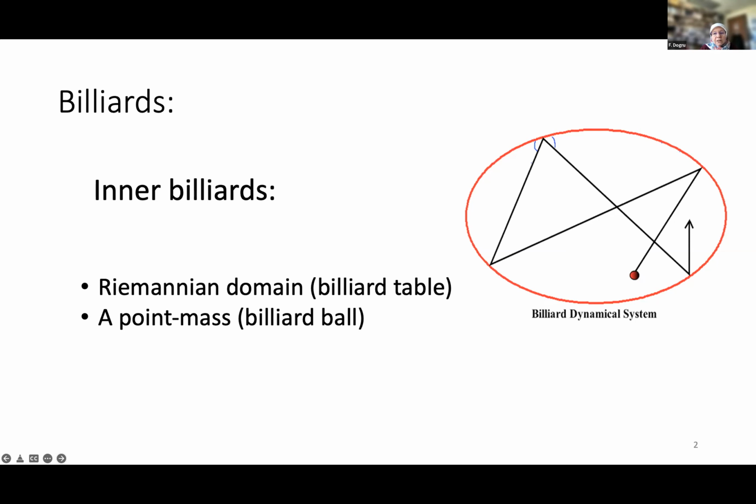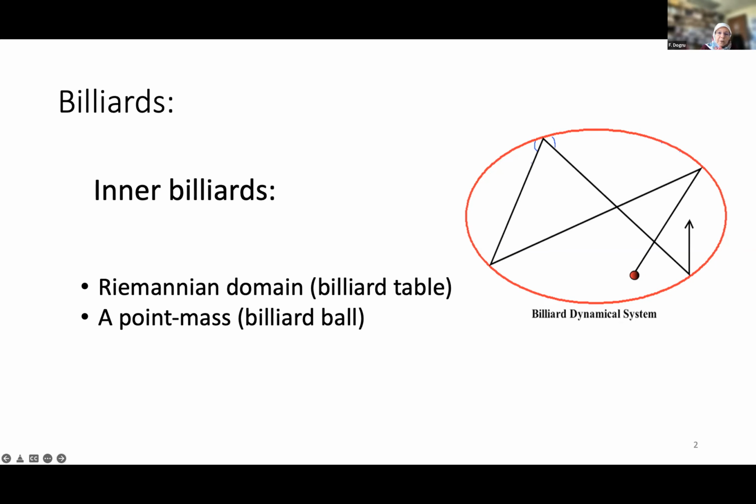After the reflection, the point continues its free motion on a geodesic line until it hits the boundary again. This is also known as the law of geometric optics.